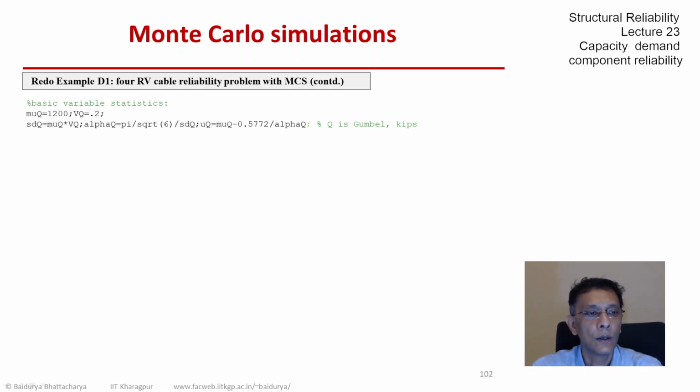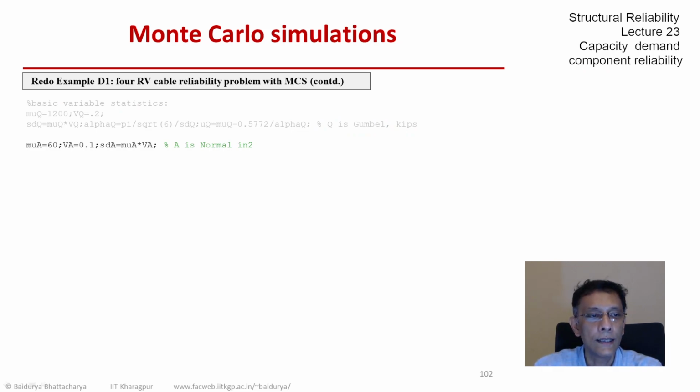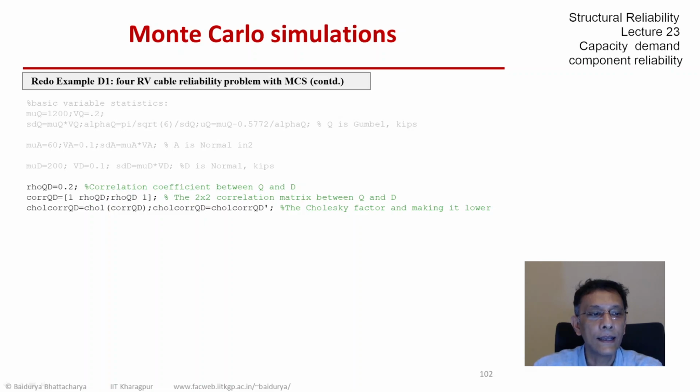So we start with defining the basic variable statistics. We do it for Q, then we do it for A, we do it for D, and then we bring in the correlation structure between Q and D. So we define the 2 by 2 correlation matrix, and then take the Cholesky factor.